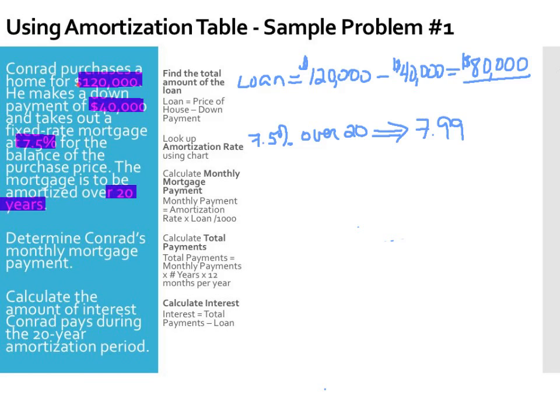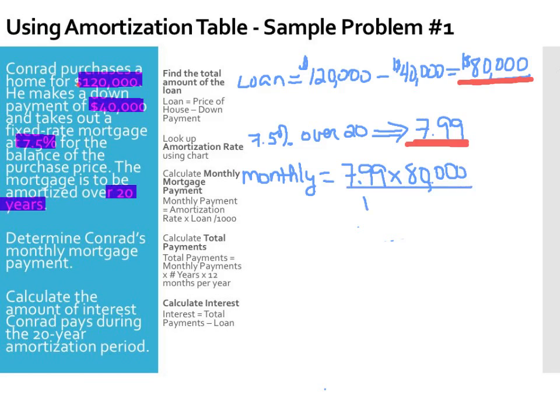Okay, the next step is to calculate our monthly mortgage payments. For our monthly mortgage payments, we're going to be using the information from the above 2 steps. So to find our monthly payment, we are going to take our amortization rate of 7.99, and we're going to times that by the amount of our loan, which was $80,000, and then divide that all by 1,000.